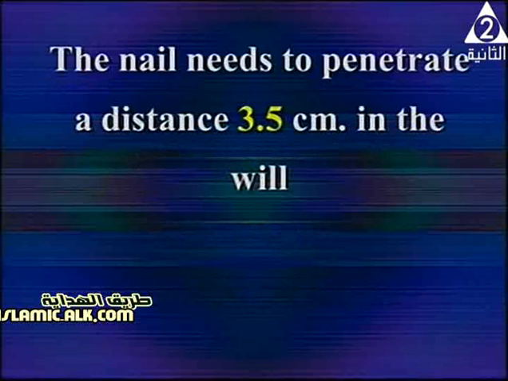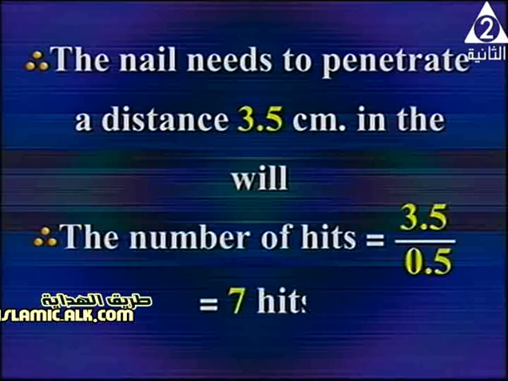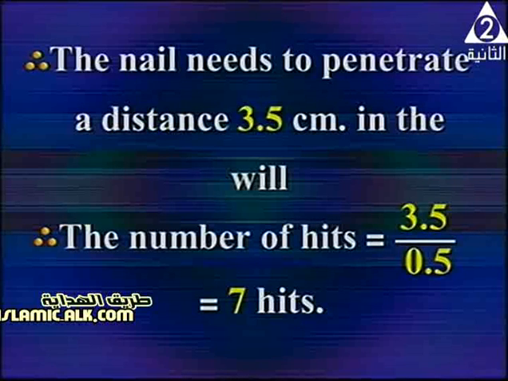The nail needs to penetrate a distance of 3.5 centimeter in the wall. Then for the number of hits, we divide 3.5 over 0.5, which equals 7 hits. The number of hits of the nail equals 7 hits.